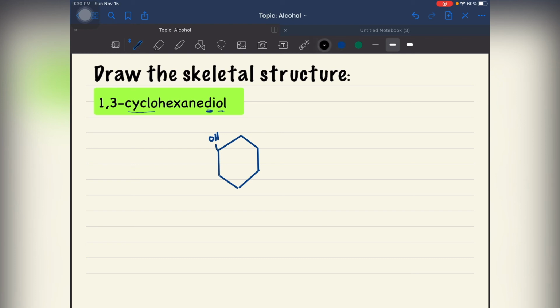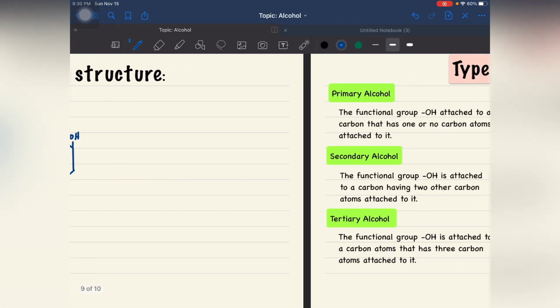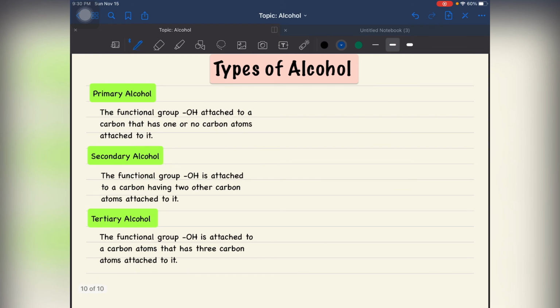So, let's just count: 1, 2, and 3. So, dyan yung next natin na functional group. Okay, so this is the skeletal structure of 1,3-cyclohexane diol.